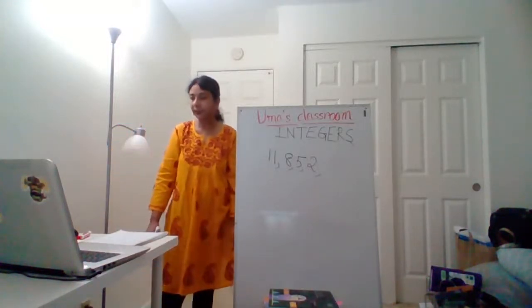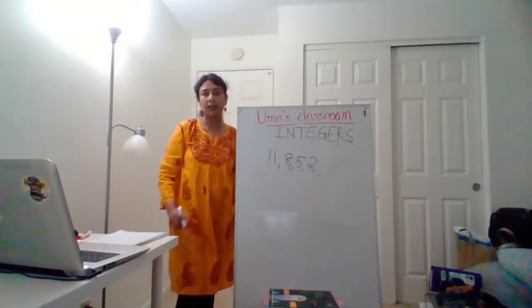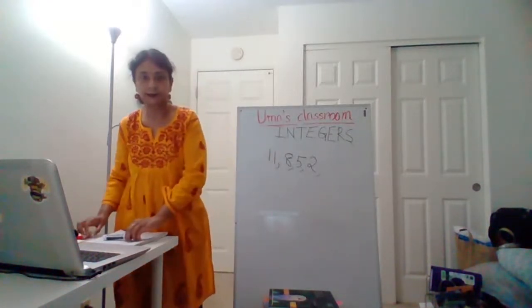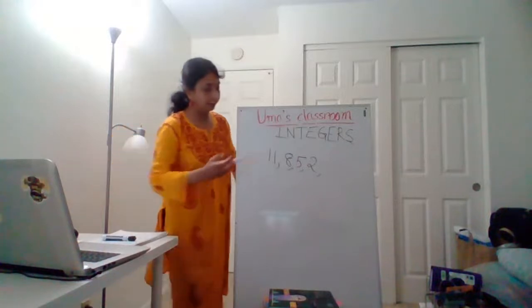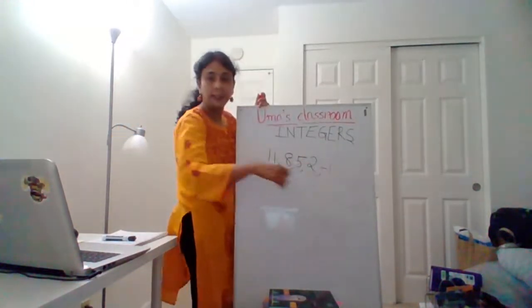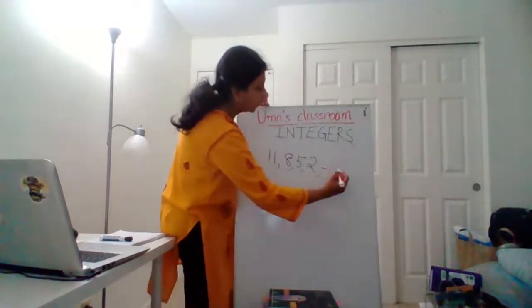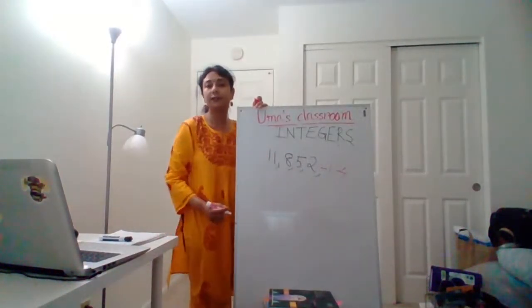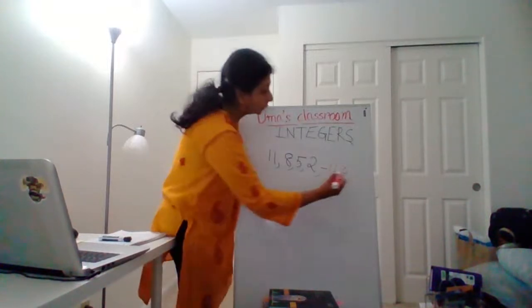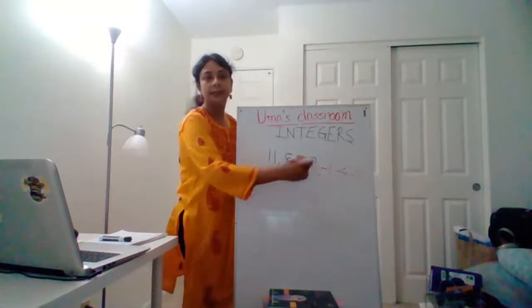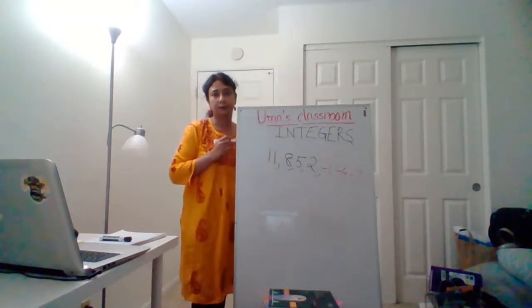So the next 3 consecutive numbers are going to be, I'm writing the answers in a different color, it is going to be -1, then again skip, -4, and the last one is going to be -7. So this is the complete pattern.